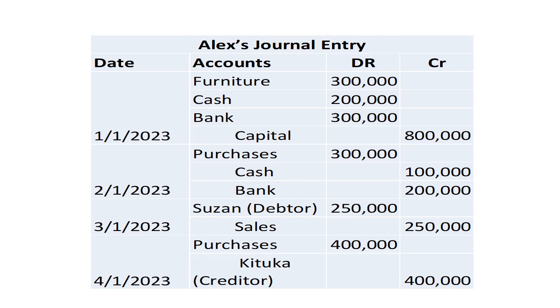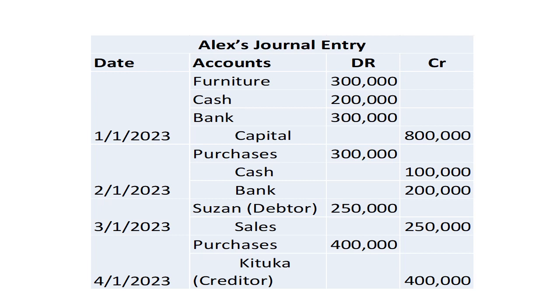Again, when Alex made a purchase with cash and bank balance, we are going to debit purchases with 300,000, and individually credit cash by 100,000 and the bank by 200,000.